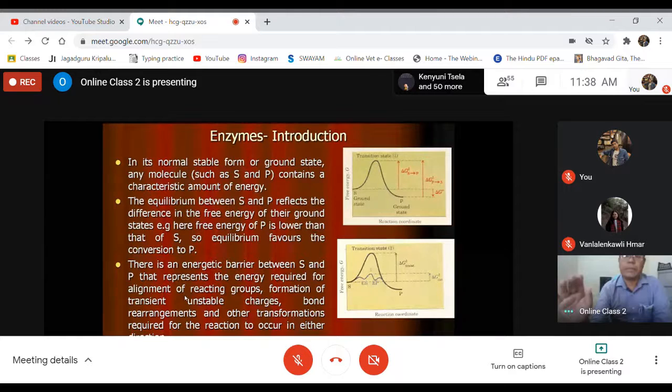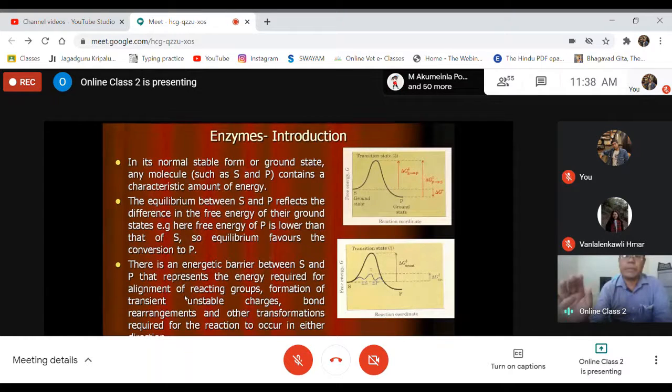Then there is the bond rearrangement, because some bonds have to be formed and some bonds have to be broken. So there should be some rearrangement of the bonds in the compound. Then other transformations.